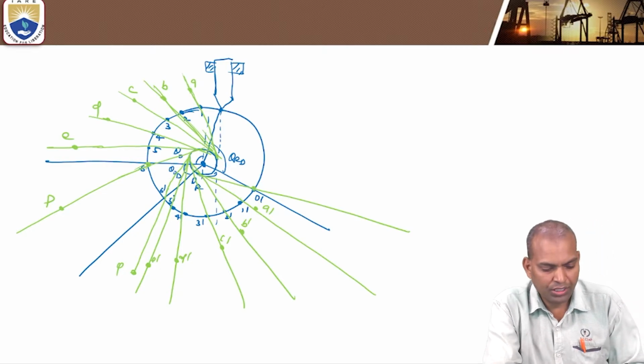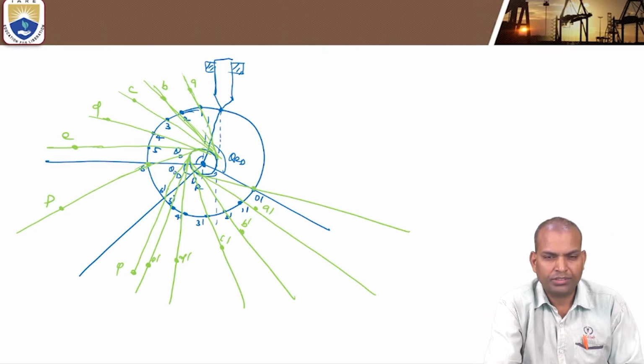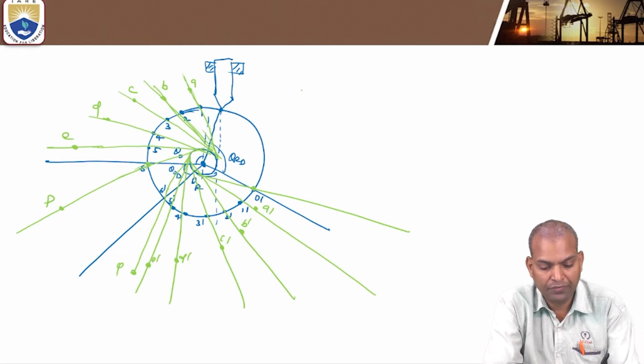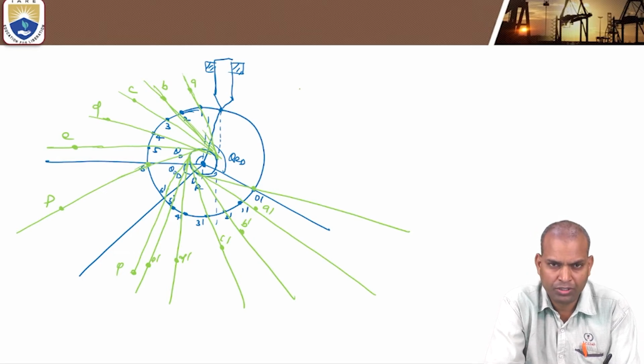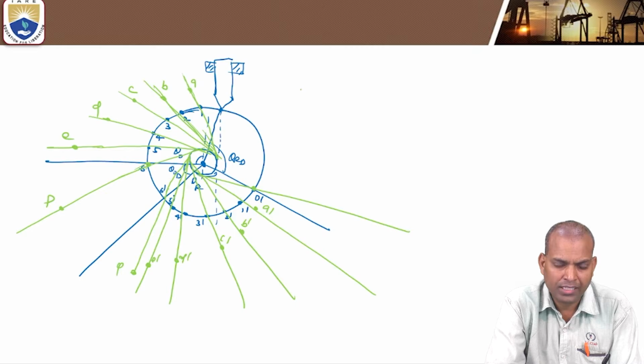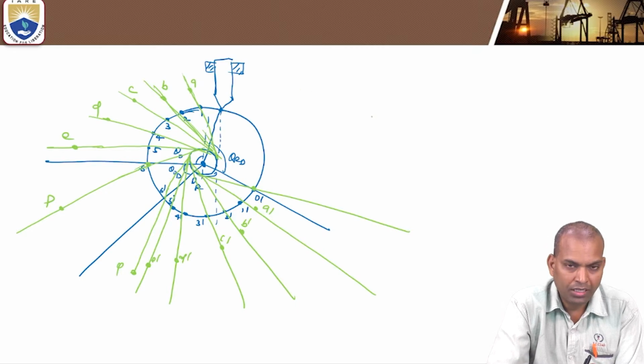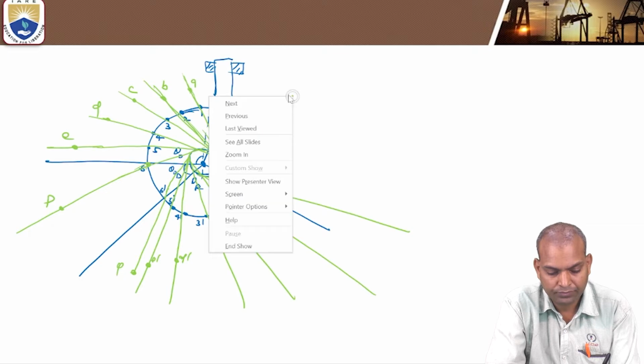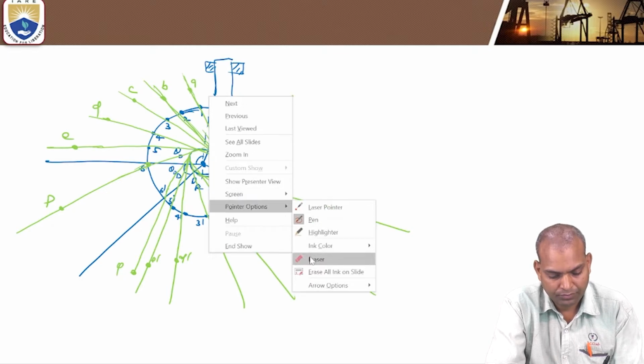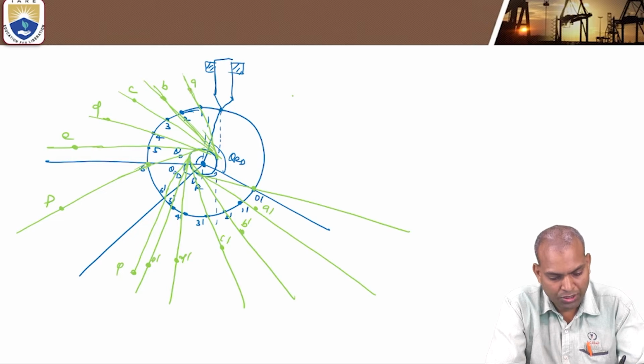Now join all these points with a smooth curve. That curve represents the profile of a cam for a particular rotation: angle of ascent, angle of descent and angle of dwell. Now join this curve.